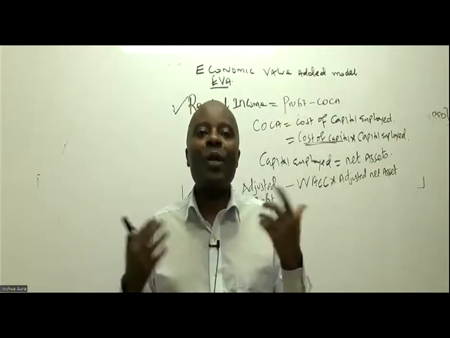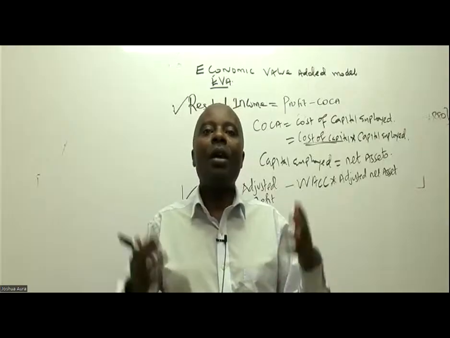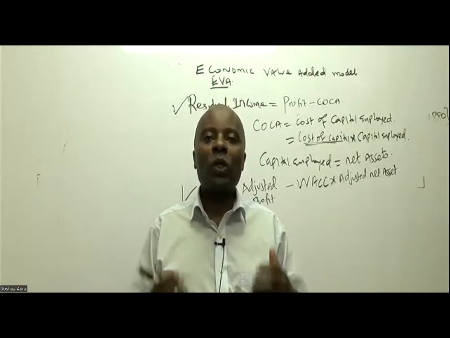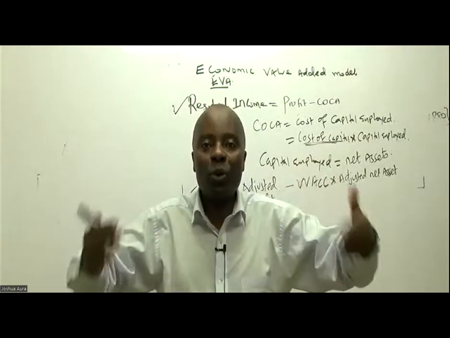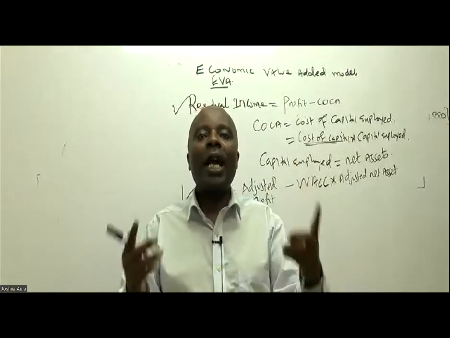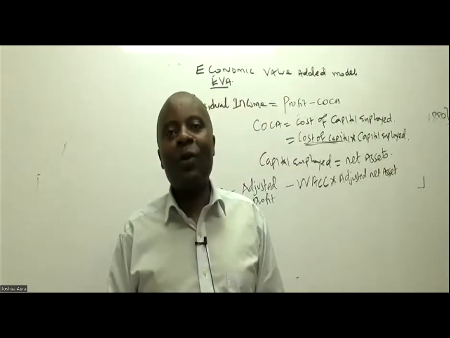Any non-cash operating expenditure, depreciation, amortization, etc., all those expenses must always be added back to be able to derive what we call a cash flow. So are we together, first of all, up to there? Are we together?